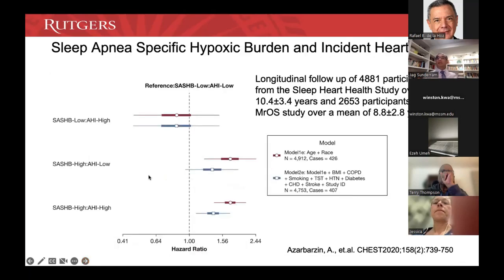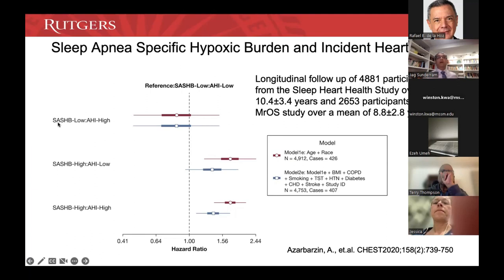Similarly, looking at incident heart failure, so not only hypoxia and its relationship to heart failure mortality, but incident heart failure. And here I like this figure because the reference is almost no events at all.